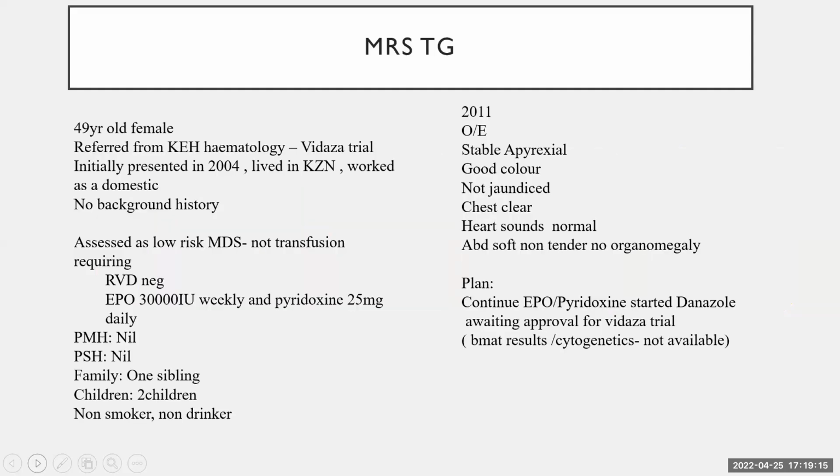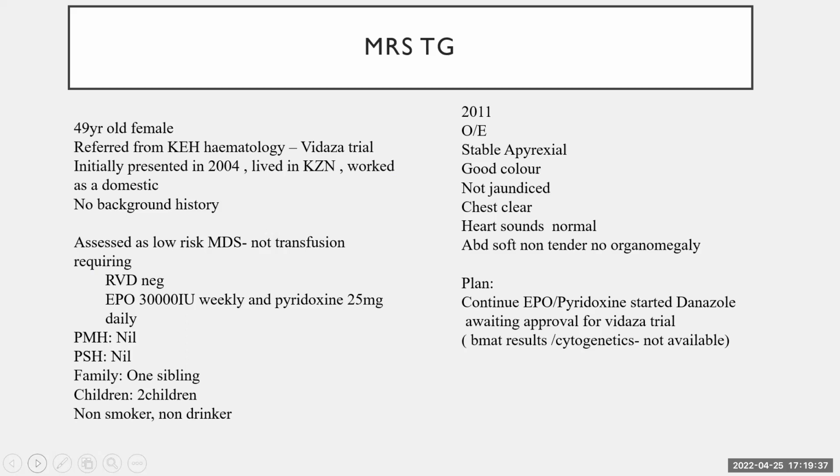So with the second patient, it's Mrs. TG, a 49-year-old female, who was referred from King Edward Hematology Department to start on the Vidaza trial. Initially, she presented in 2004. She lived in KZN and worked as a domestic worker. She had no background medical history.